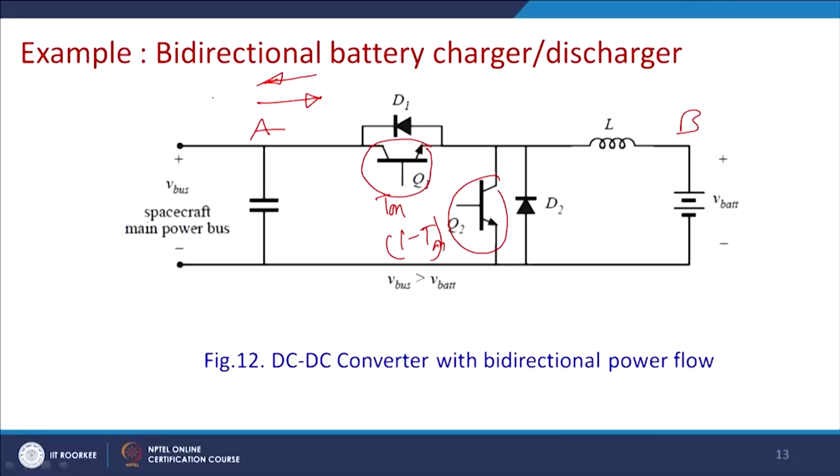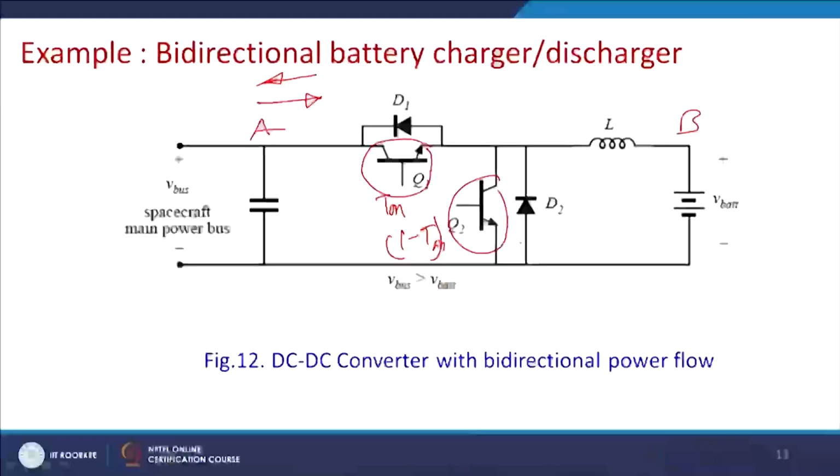So, let us understand what happens. Most of the cases we require to buck the voltage to charge the battery. The battery bus is connected at a little bit higher voltage. So, for this reason, this bucking operation is done mostly by Q1 and D2, and we can put a MOSFET here in the same way, which can have a body diode.